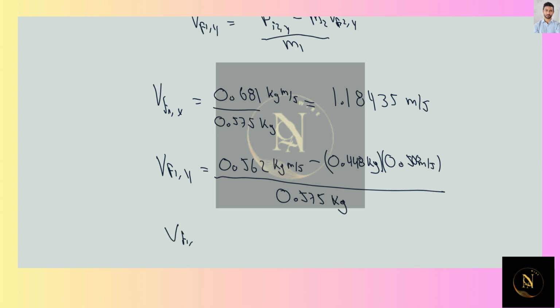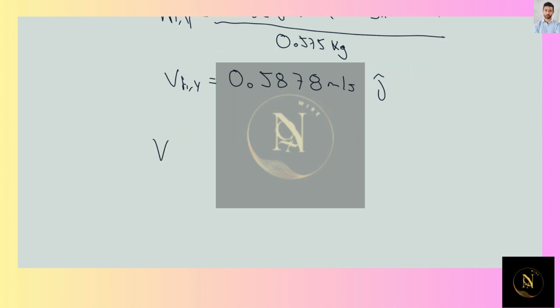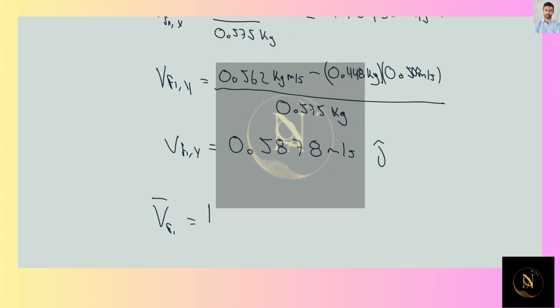The final velocity on y is going to be 0.5878 meters per second. This is going to be on j, and this would be on i. Thus, the velocity vector would be equal to the values that we just got, 1.18435 on i plus 0.5878 on j. And all of this in meters per second.